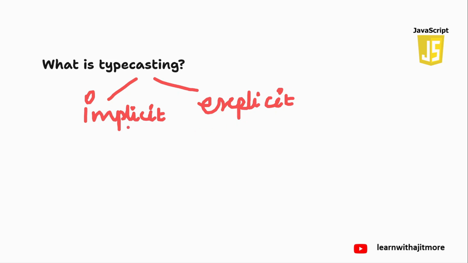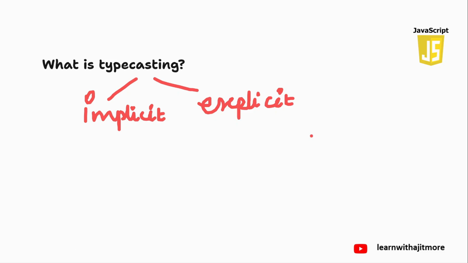Now, implicit casting means when the casting is done by your JavaScript engine only, as needed, as required according to the requirement. When the JavaScript engine does the casting, it is called implicit casting.